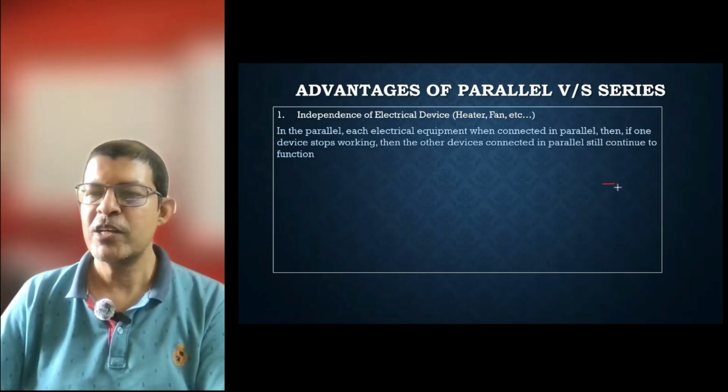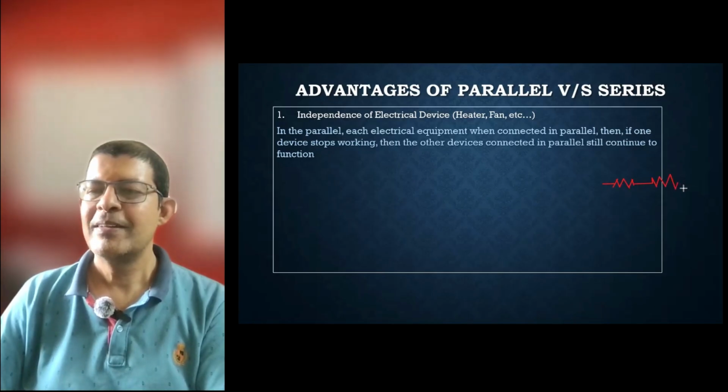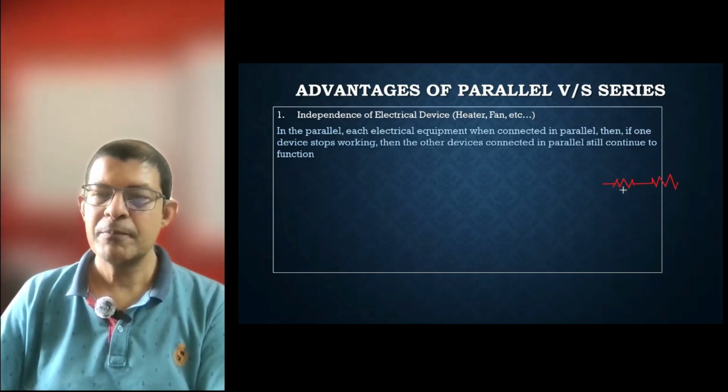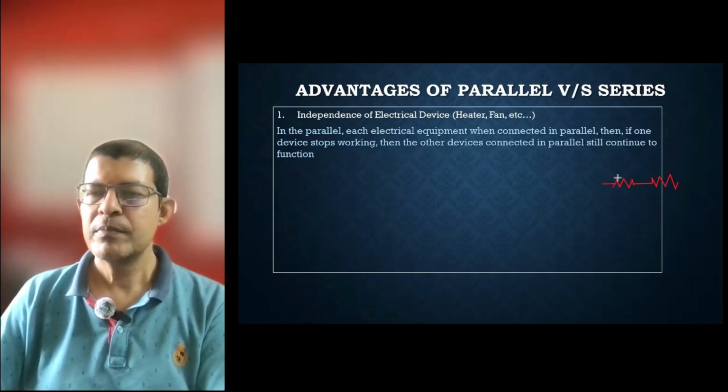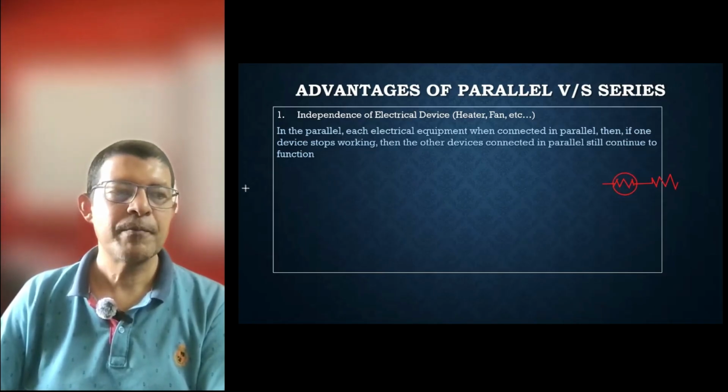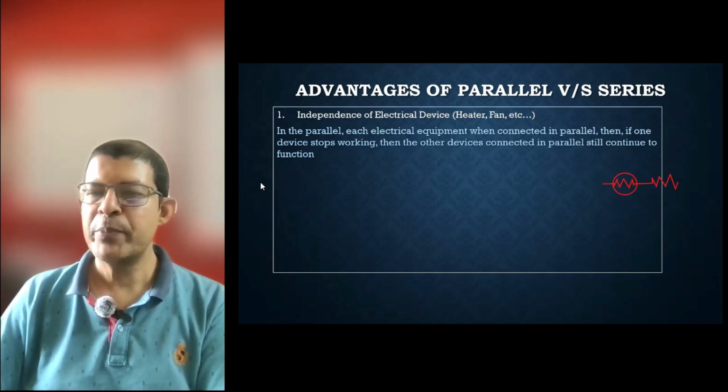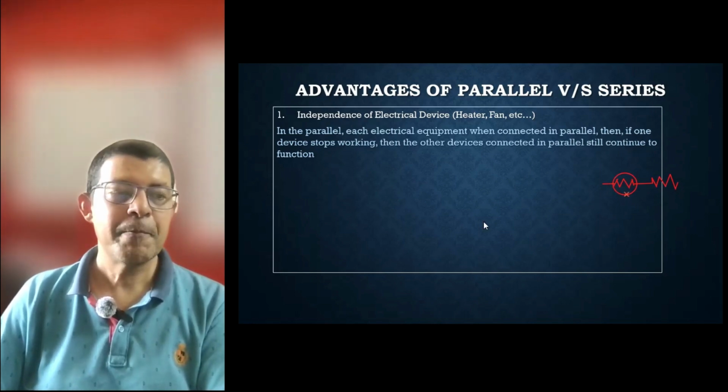We have a series connection like this. This is one resistor, for example. Now this particular appliance, if this was an appliance here, if this appliance breaks down, then this circuit will become open, right?